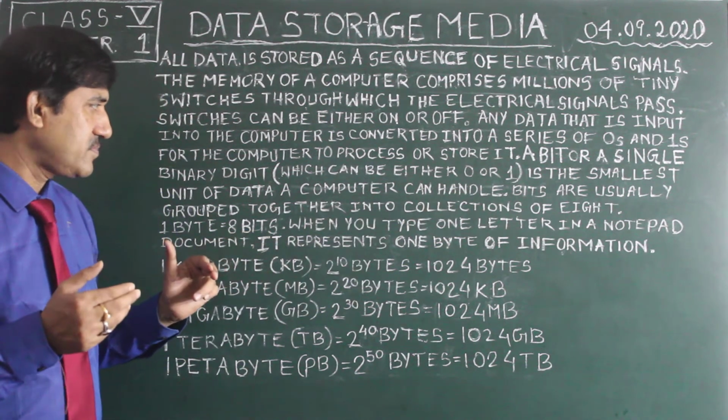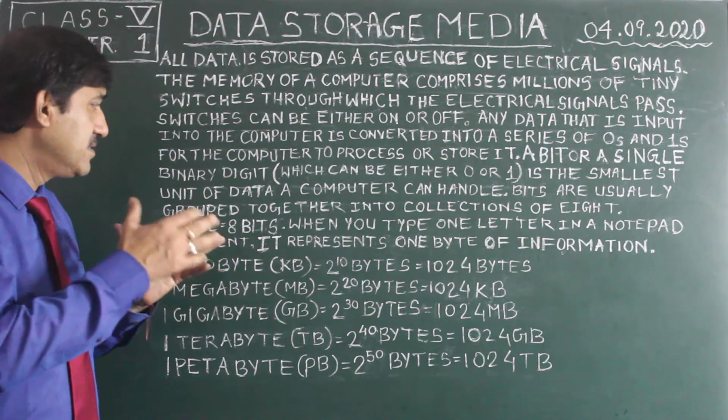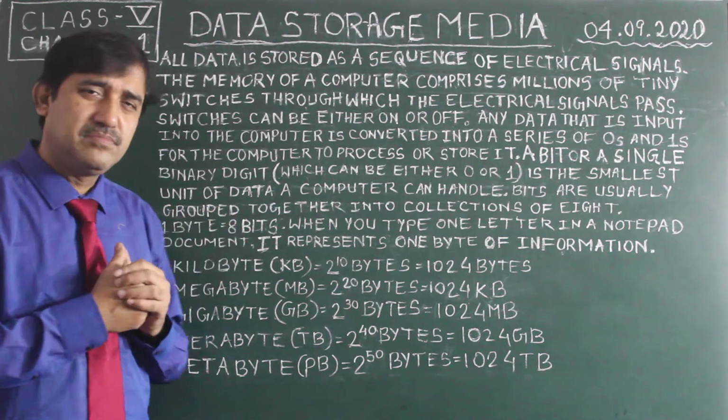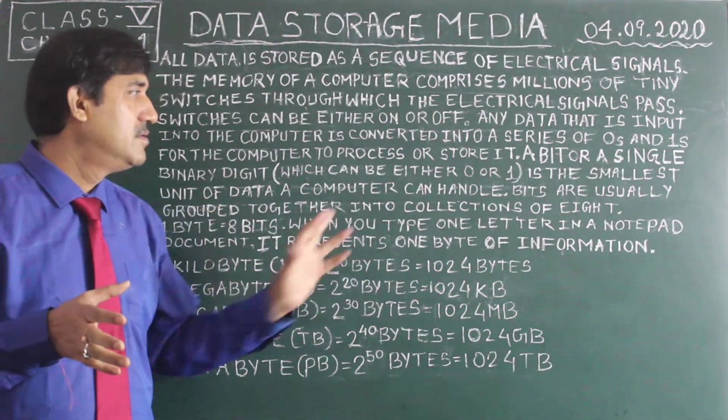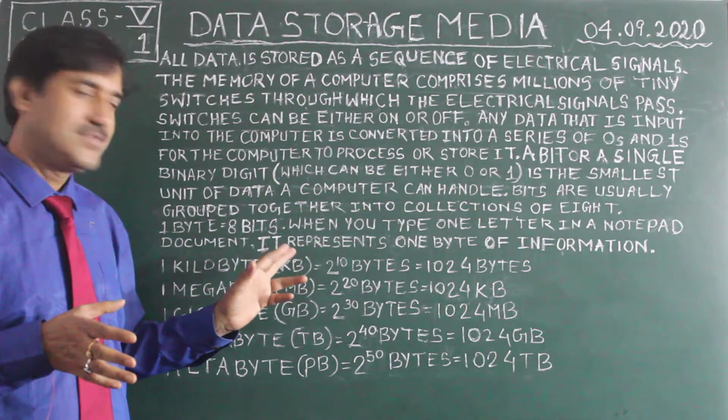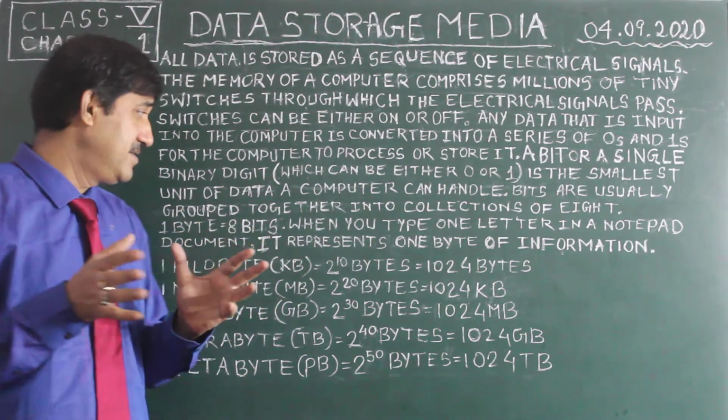And then these bits can be grouped. They can be grouped in 8, which is called a byte. So you find that one byte is 8 bits.